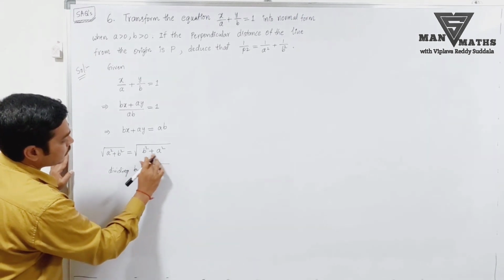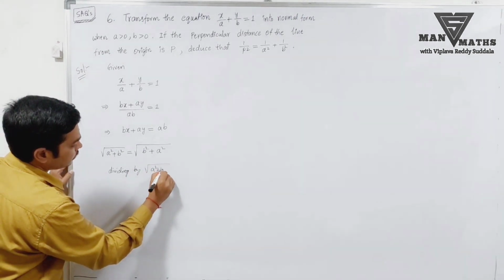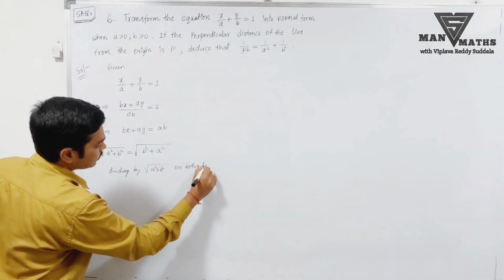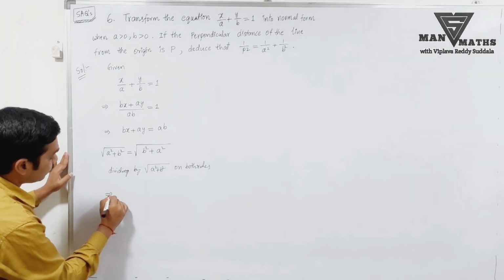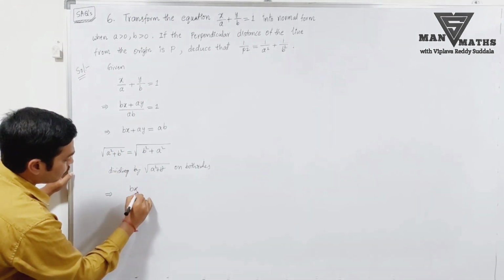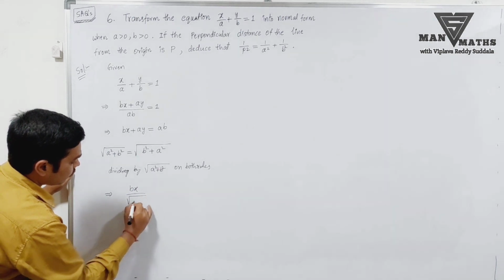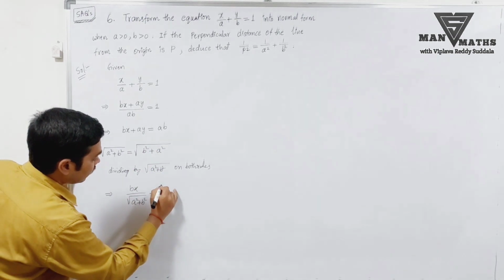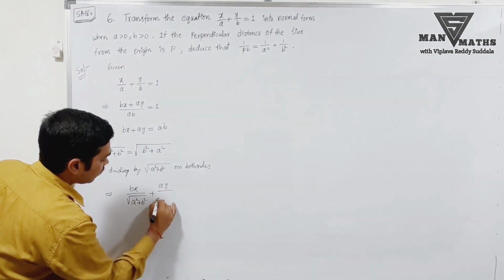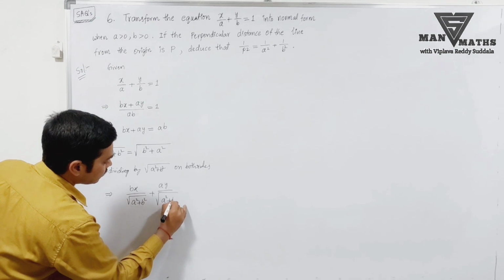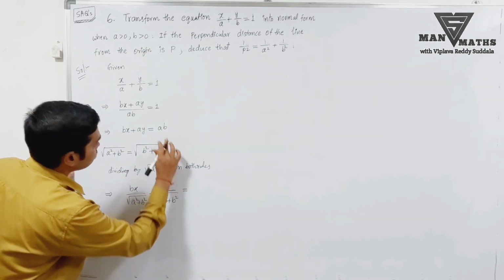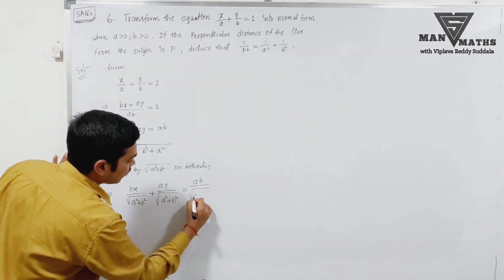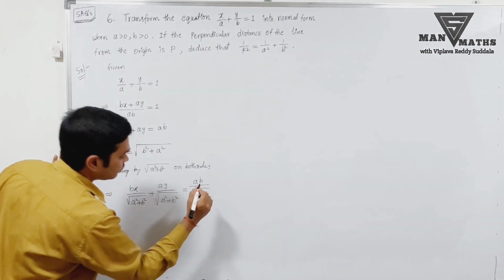Under root of b square plus a square is nothing but a square plus b square. Now from the above equation, bx by under root of a square plus b square plus the second term ay by under root of a square plus b square is equal to the constant on the RHS, ab by under root of a square plus b square.